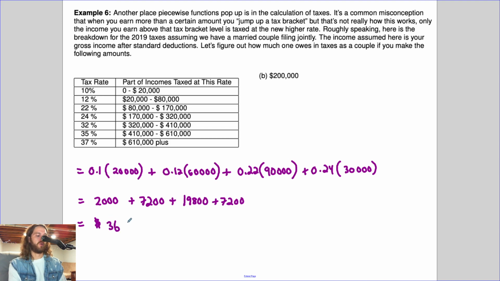They're going to pay old Uncle Sam $36,200. Exciting. Pretty exciting. That's how taxes work.